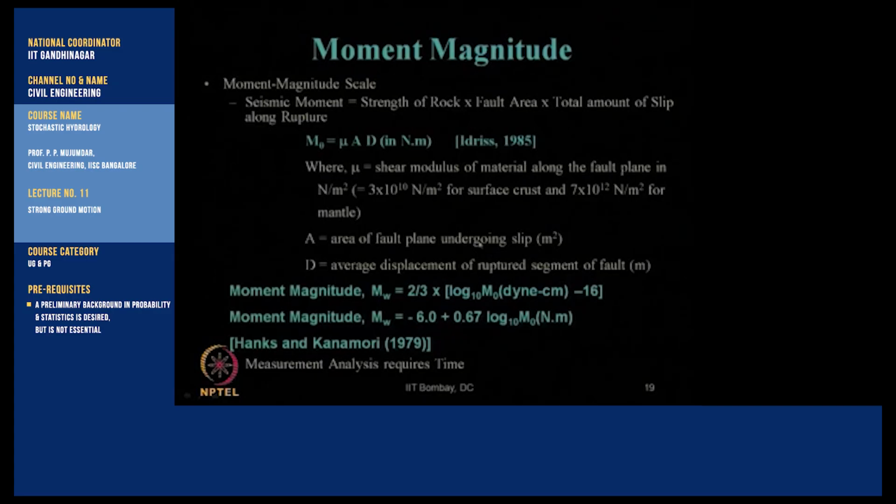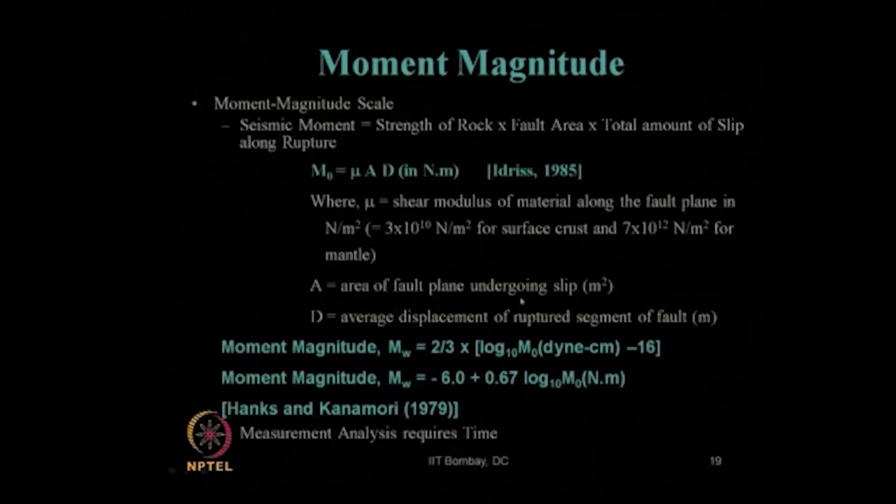That estimation requires time, and you have to wait for all the aftershocks, etc. After accumulating everything, you can find out these parameters, and once you get them, you can estimate M naught, and then use that M naught to compute Mw. So, it requires time. It is not as quick as Richter scale magnitude estimation.